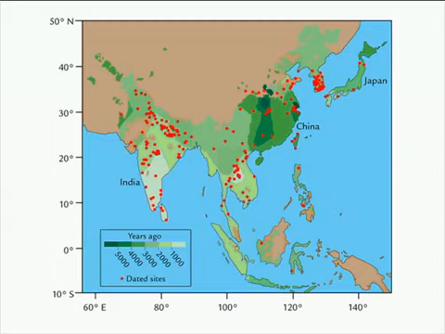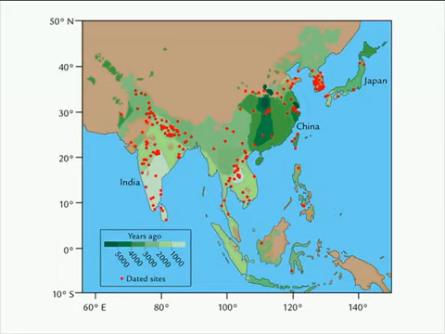And what it shows you is irrigated rice agriculture develops in the Yangtze River Valley of China around 5,000 years ago. And it's a very small initial spread, 5,000 to 4,000, the two darkest colors on the map.